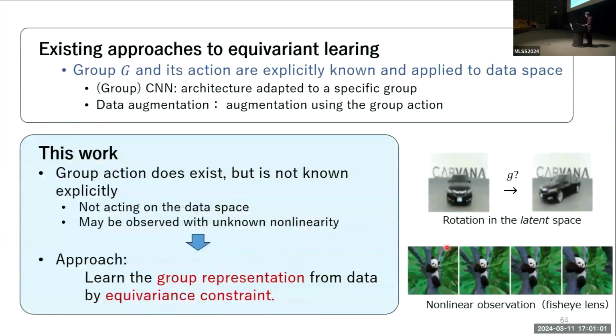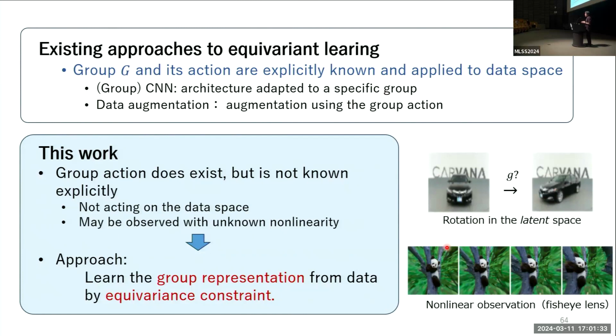Here is some motivation of our research. I have talked a lot about group convolutional neural networks and data augmentation, but for such popular approaches to group equivariance, we always assume that the group is known, such as rotation or translations.